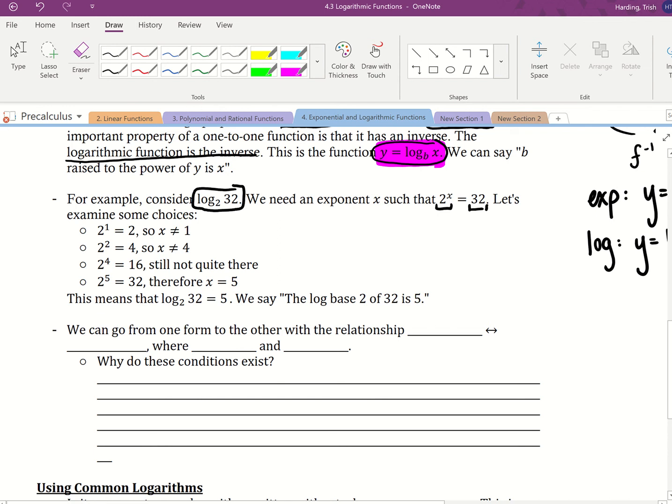We can rearrange this: if we have y equals log base 2 of 32, then that would be 2 to the y equals 32. Sometimes x is used interchangeably because it's an inverse, and sometimes you will see it like this, using x. It's the same process.